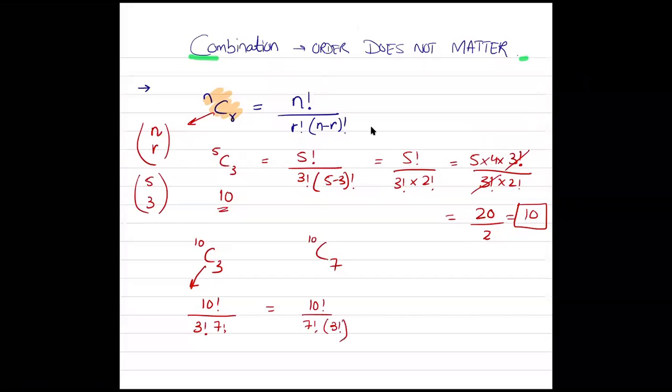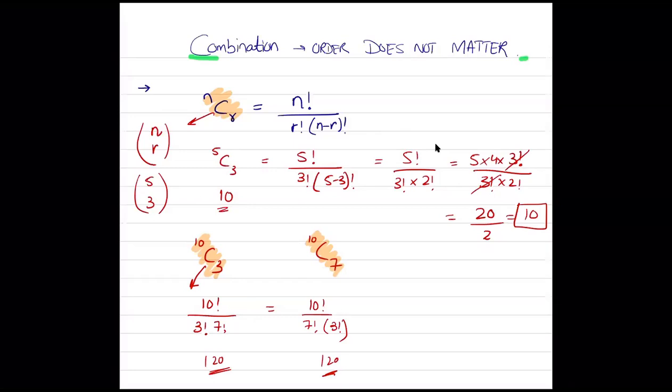This is the reason why if I plug 10C3 into the calculator, the answer is going to be equal to 10C7. And what is the answer coming out? 10C3 is 120, and 10C7 is also 120. The reason being that when I plug the values into the formula, the numbers end up the same. So 10C3 is the same as 10C7.